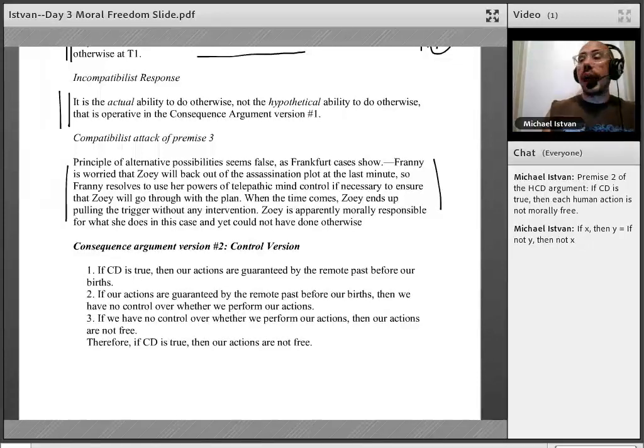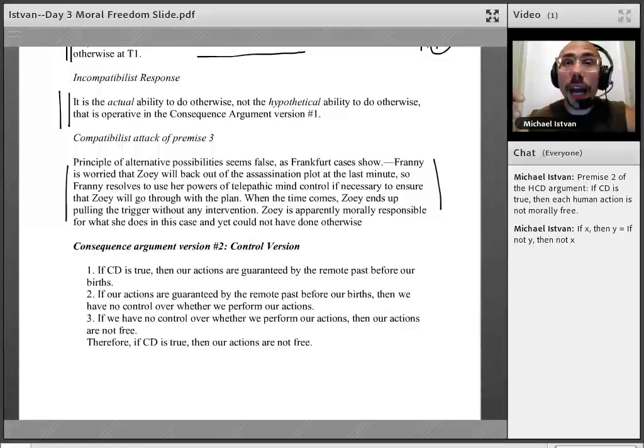That would be all you would need for the consequence argument, because if CD is true, there were never any alternative possibilities. So even on that watered down version, it looks like you're still not free if CD is true.